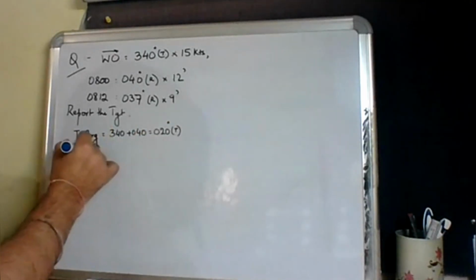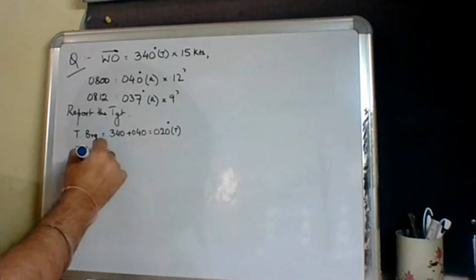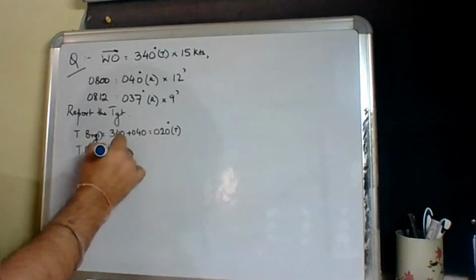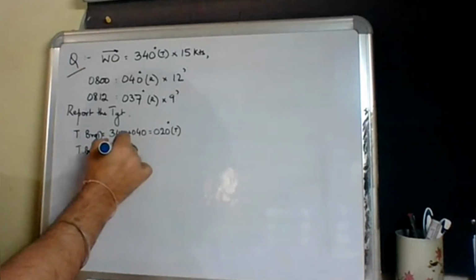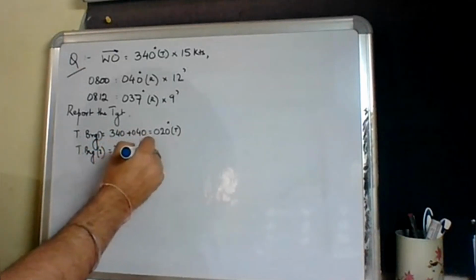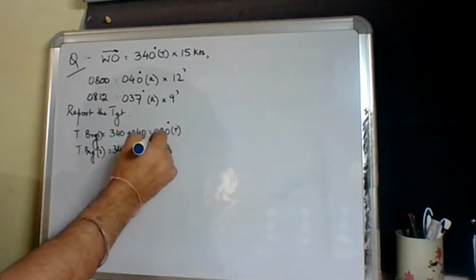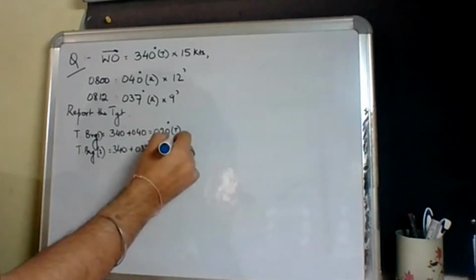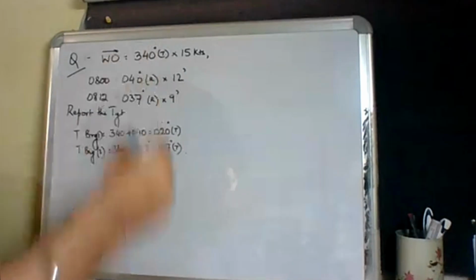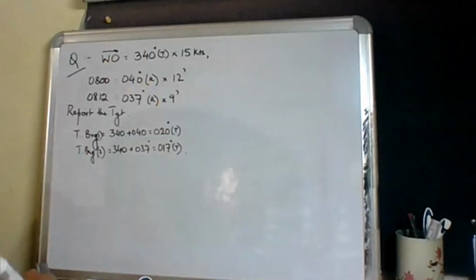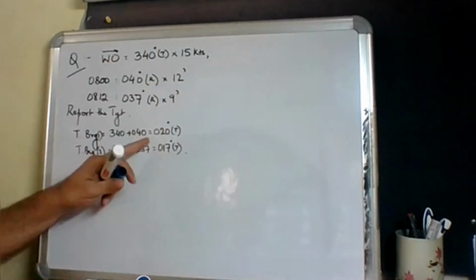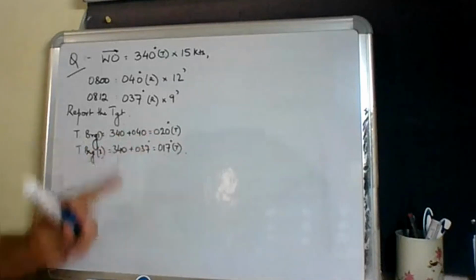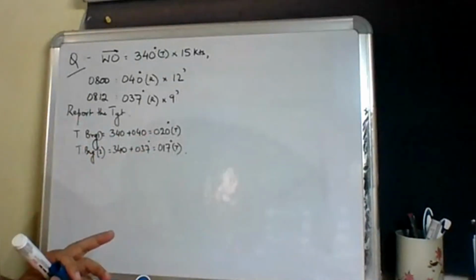Similarly, the second true bearing. This was the first true bearing, second true bearing will be, so my true bearings, two of them, are 020 and 017, and this is what I will be plotting.